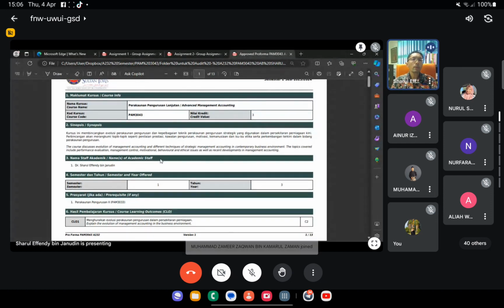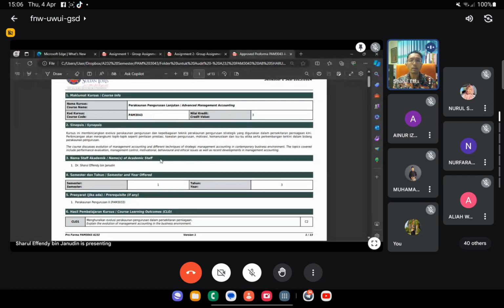So basically, the idea of Advanced MA is not about doing calculation. I think the calculation part is almost complete in MA1 and MA2. So in Advanced MA, actually, it is how to use the calculations to solve problems or to make decisions. That is the purpose of Advanced MA.